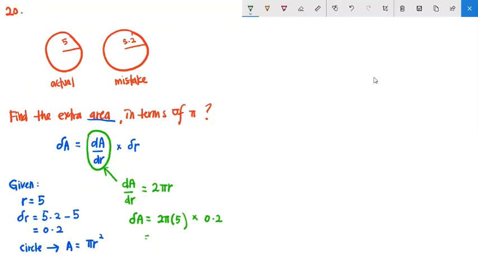Okay, so dia akan jadi 10 pi times 0.2, dapat 2 pi. Okay, just leave this answer in pi because it's stated in terms of pi. So no need to change dalam dia punya point form. Just 2 pi je. Okay, alright.